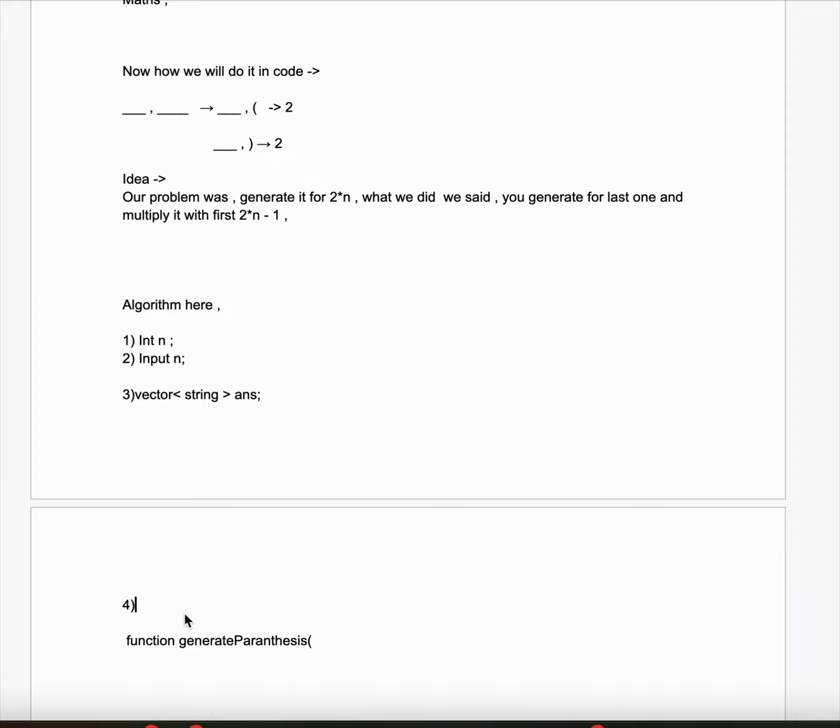This is a container to store the list of all the answers, all the permutations we have generated. But we also need to store our single answer somewhere in a variable. So we can have a string s. Initially this will be empty. As the recursion proceeds, it will get generated further onwards.